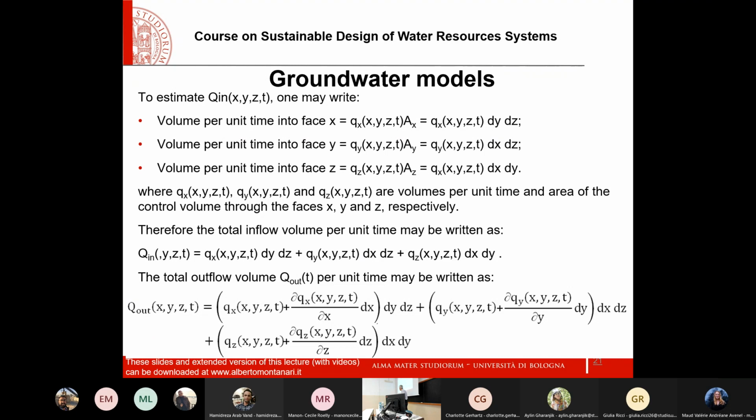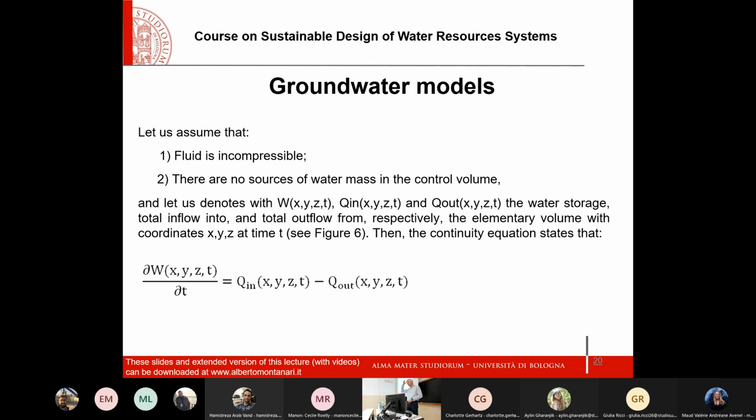And this is Q, or here it is actually indicated as Q out, but it is the same. Okay. This is the total flow. So we can substitute this expression at the bottom here in the previous expression here.